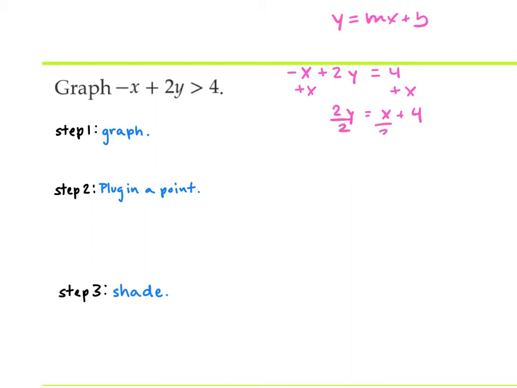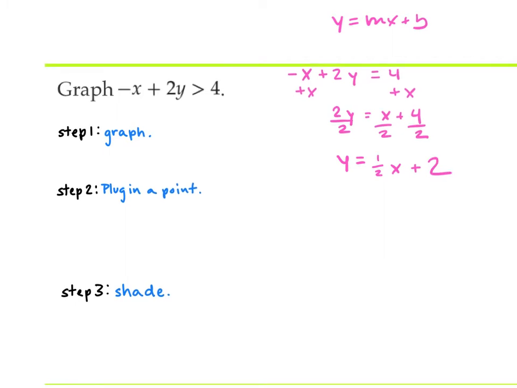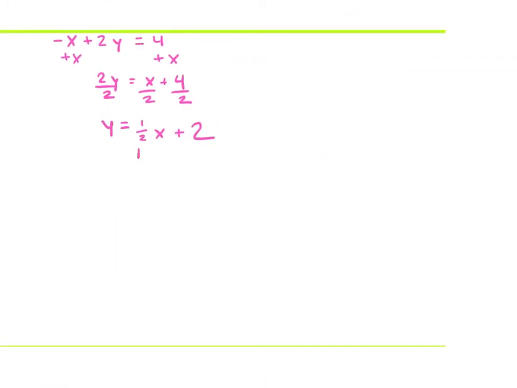Divide 2 to everything. So I have y is equal to 1/2 x. What does 4 over 2 simplify to? 2 over 1, which is just 2. So our slope is 1/2, and our y-intercept is 2.